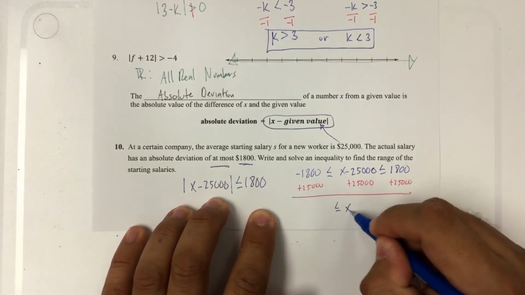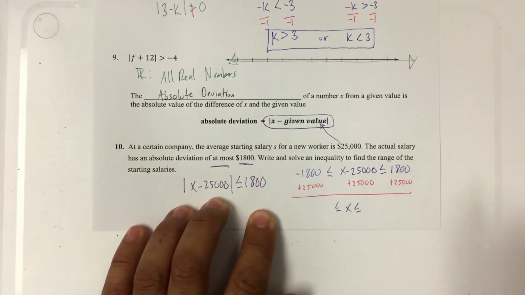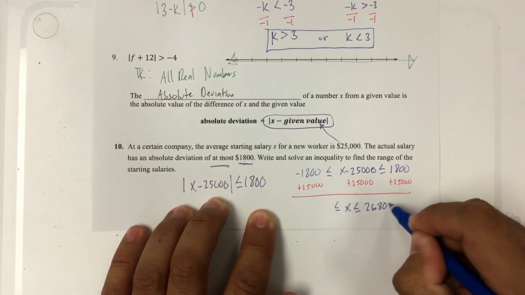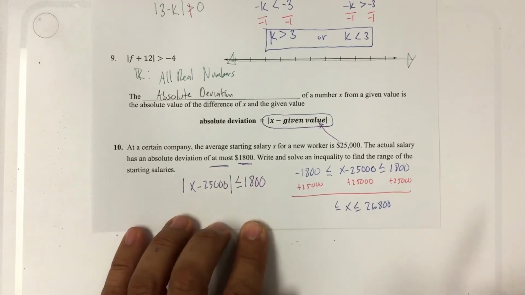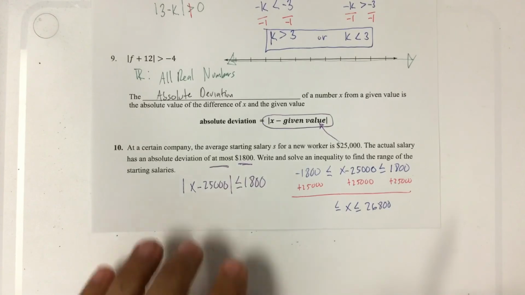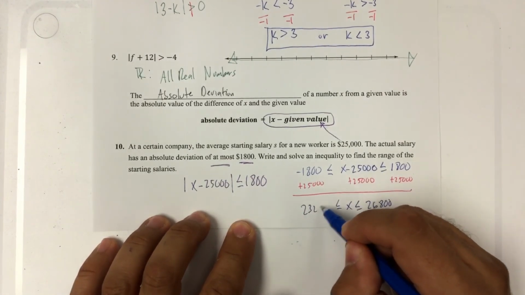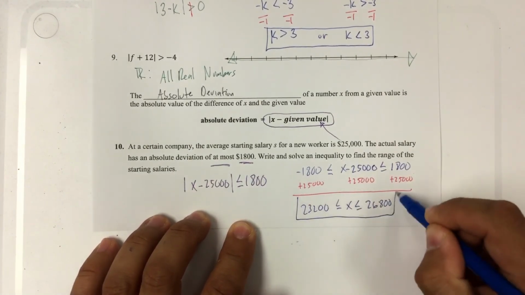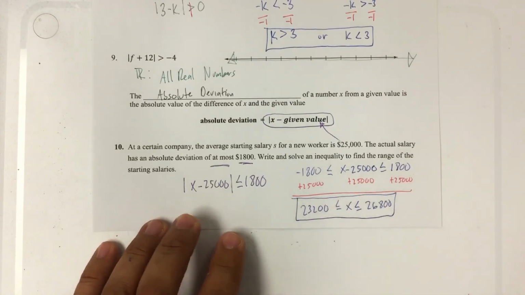So in the middle we have x. On the right side, 1,800 plus 25,000 is 26,800. On the left side, if you subtract 1,800, I want to say that is 23,200. So those are the range of starting salaries for a new employee.